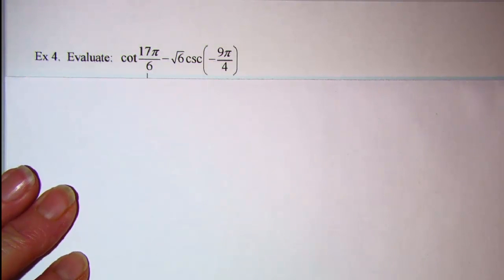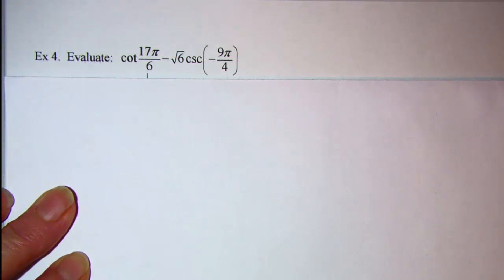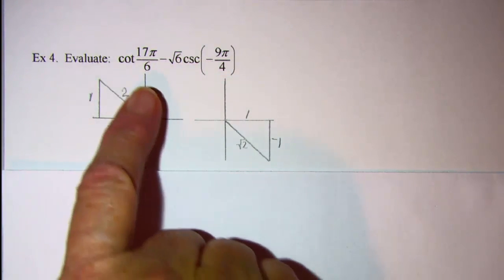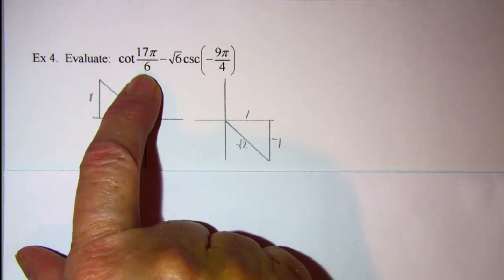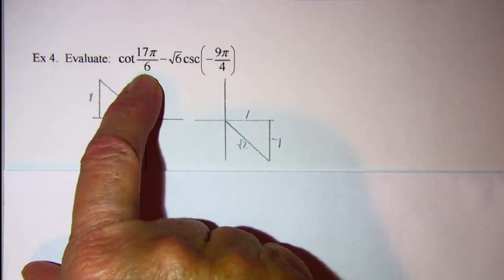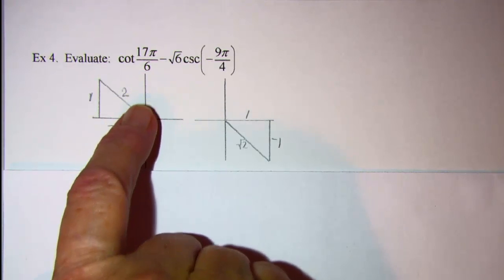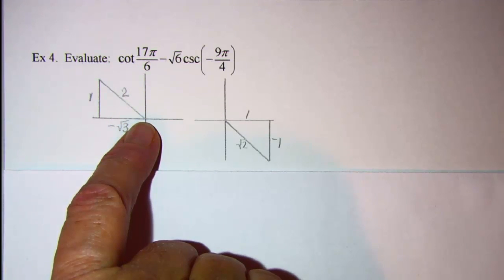Alright, in example 4, I want to evaluate the cotangent of 17 pi over 6 minus root 6 times the cosecant of negative 9 pi over 4. So 17 pi over 6 is 2 5/6.